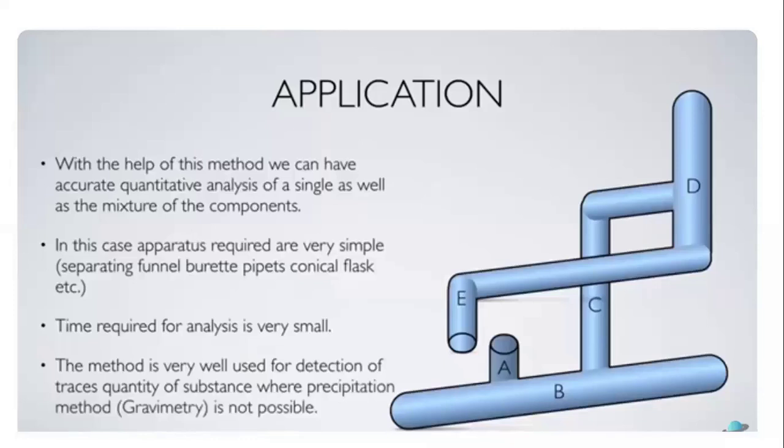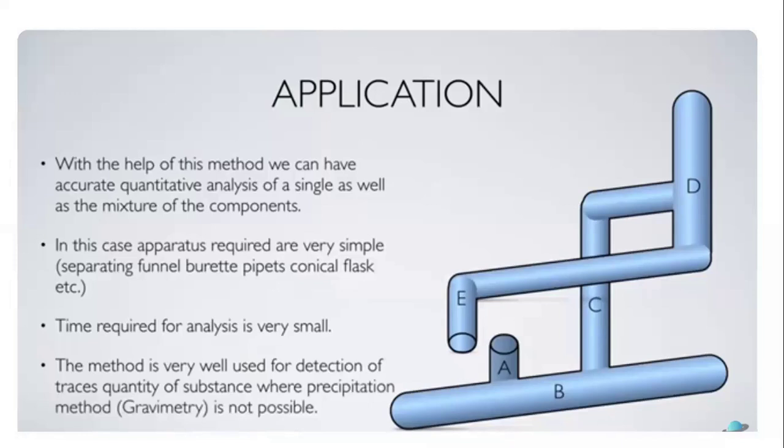With the help of this method, you can have an accurate quantitative analysis of a single component as well as mixtures of components that get separated. You can use this method where gravimetry or precipitation techniques used for separation do not work.